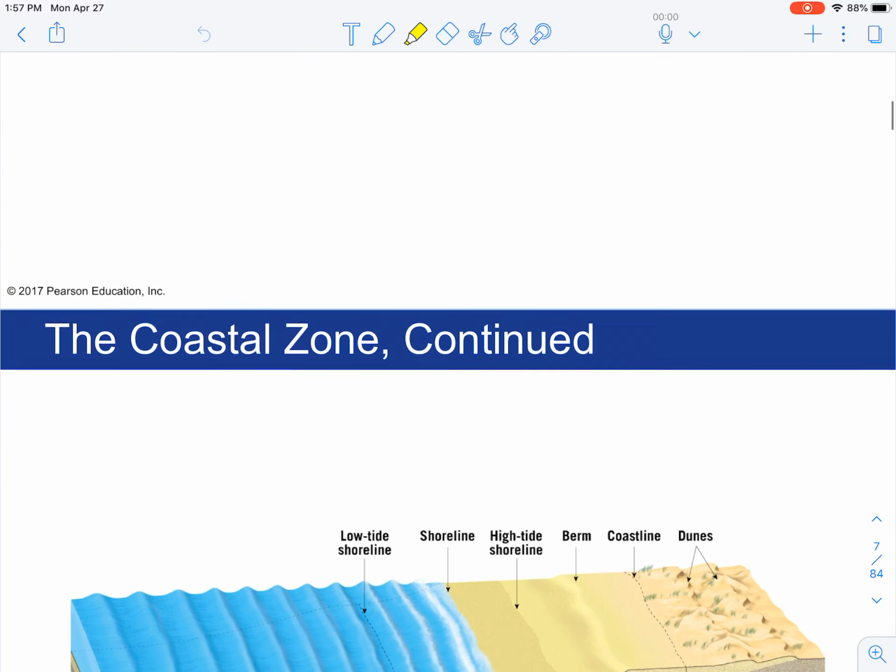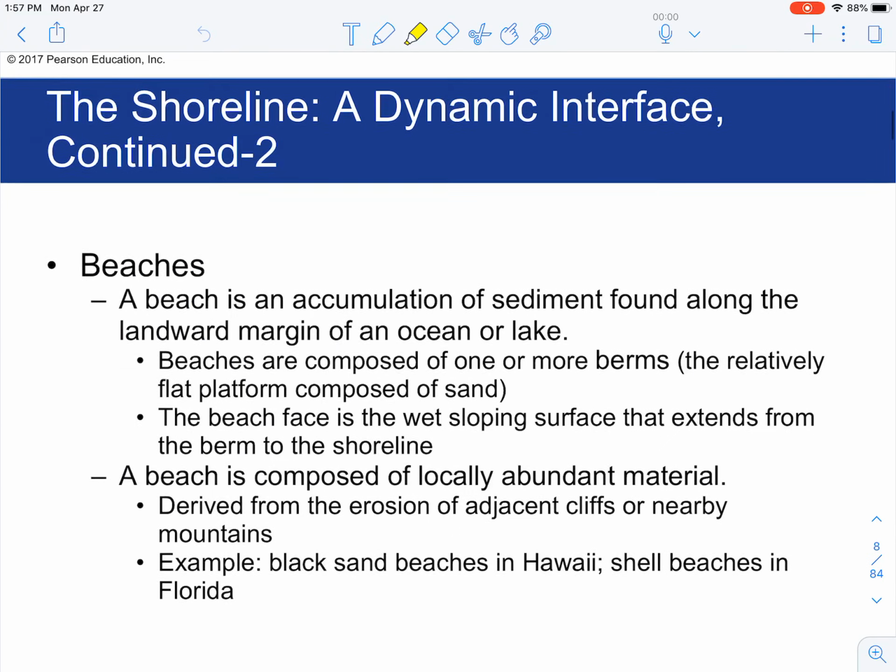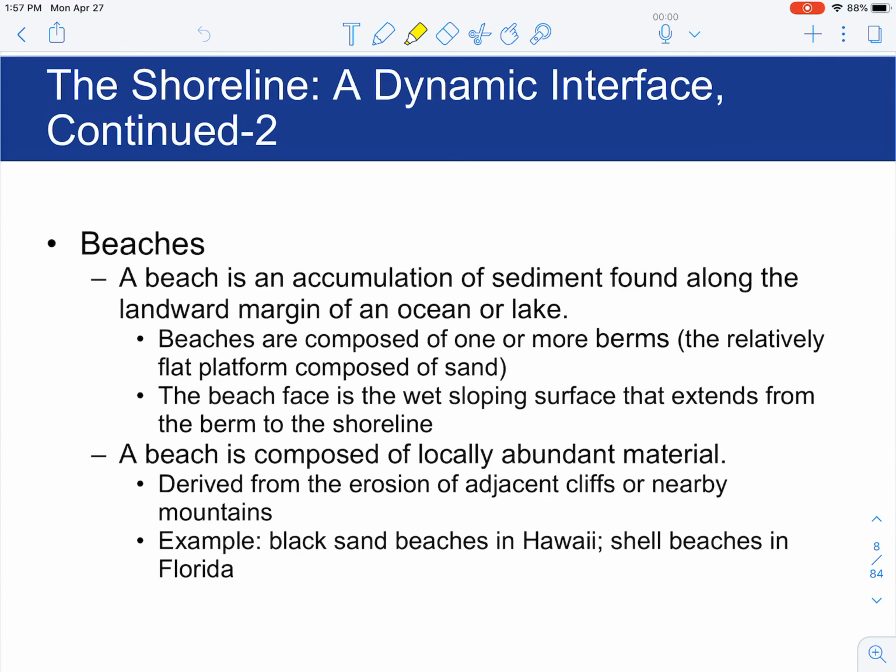All right, I'm not going to talk too much about foreshore and backshore. But beaches themselves, as you guys know, are an accumulation of sediment, and that sediment is constantly moving, and the beaches are constantly changing shape as a result. Sediment can be moved not only by wave action, but also by rivers that deposit sediments closer to sea level, like in the form of a delta that we talked about last week.